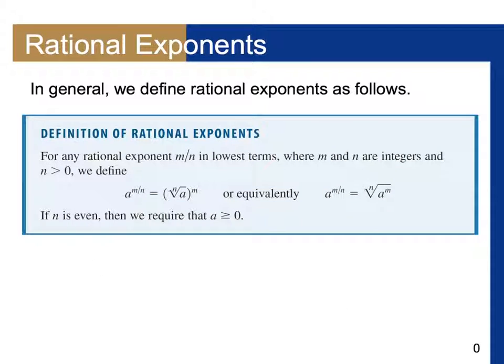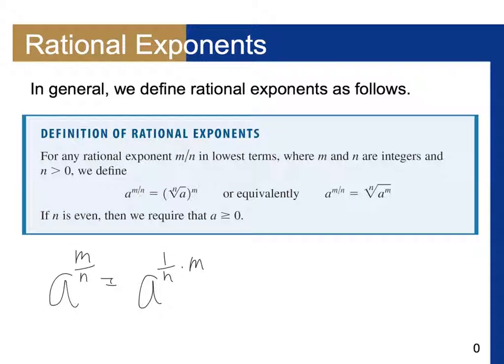Okay. So now when we have a fractional exponent with an m on the top and an n on the bottom, we can do two things. The numerator is the regular exponent, and the denominator is a radical or a root. So we can say a to the m over n is equal to, here we're going to do the root first, a to the 1 over n times m.